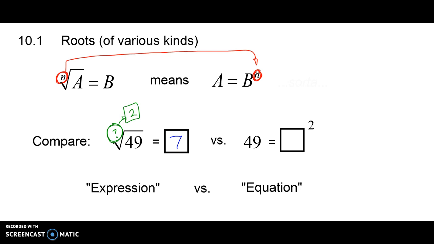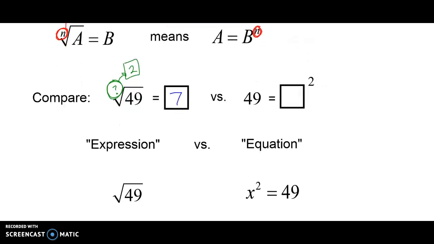There's another important distinction, though, that may not be at all obvious, and that is that when you just have a symbol like this, square root of 49, versus the definition of what we think that means, something squared equals 49, that's like looking at the difference between an expression and an equation.